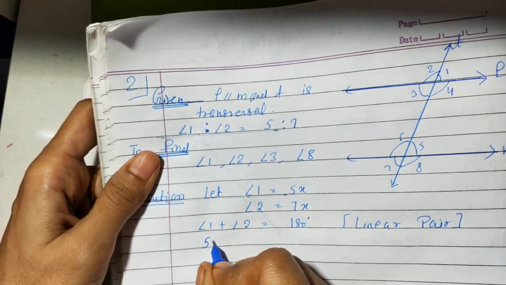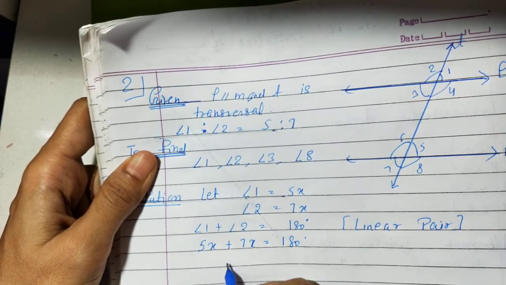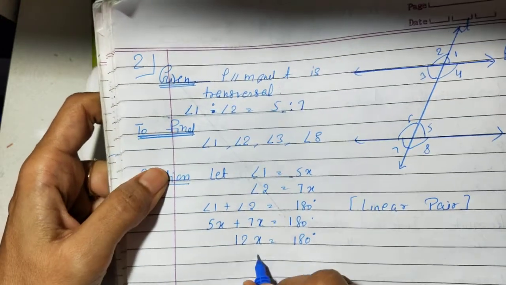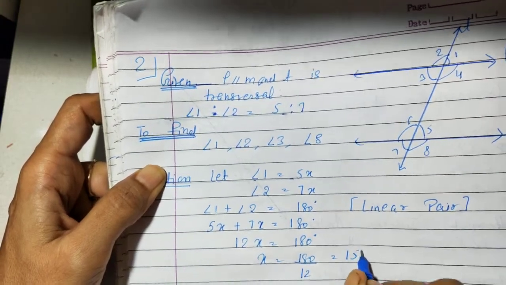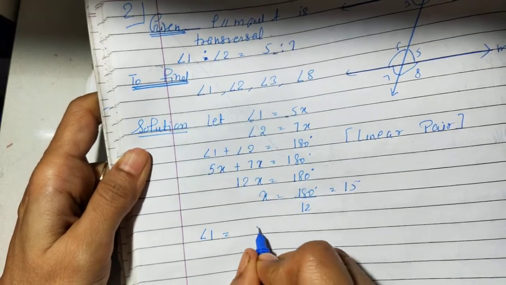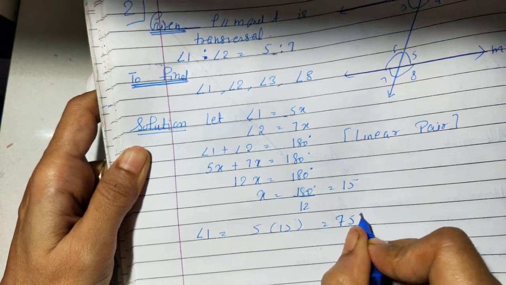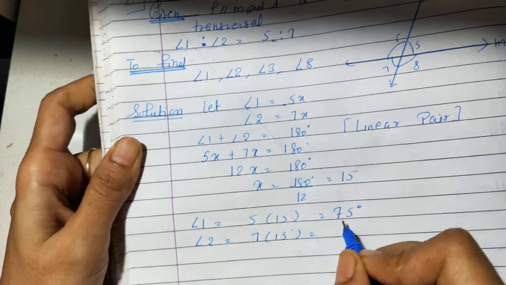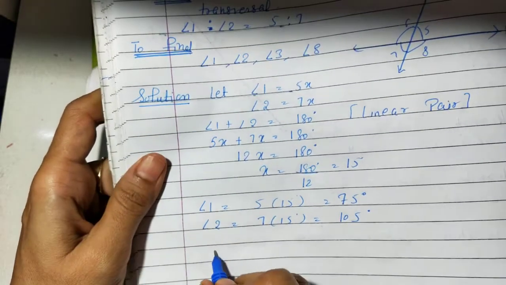So angle 1, put its value 5x, angle 2 as 7x, their sum is 180, 12x is equal to 180, then x is equal to 180 by 12, that is 15 degrees. Now you can find angle 1 as 5x, that is 5 into 15, 75 degrees. Angle 2 as 7x, 7 into 15, how much? 105 degrees.